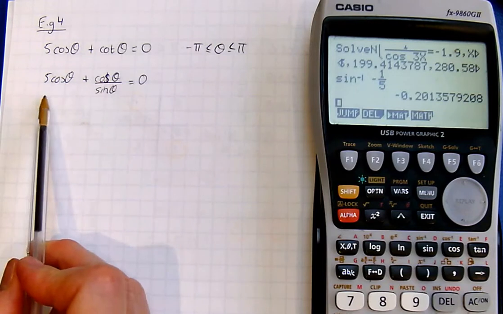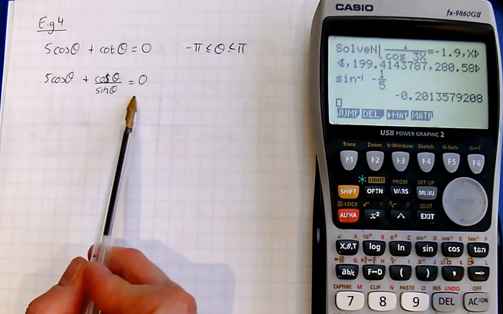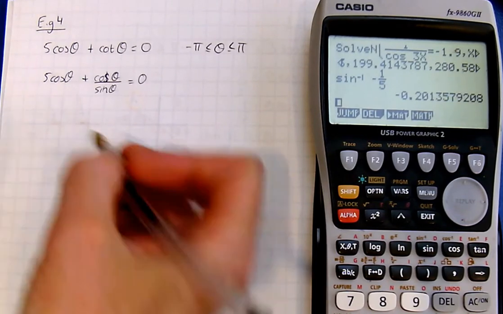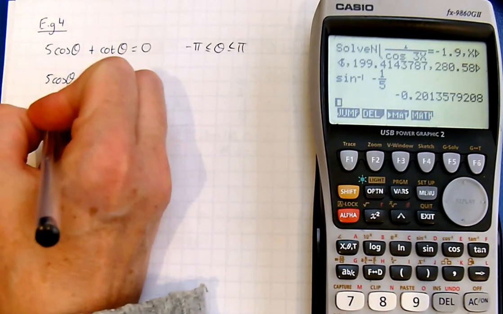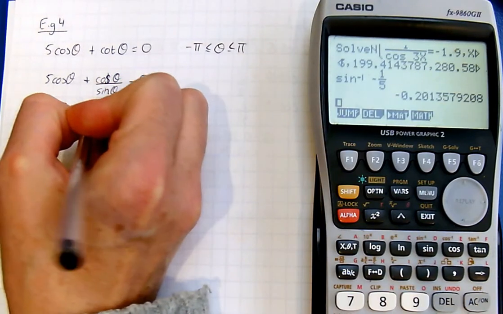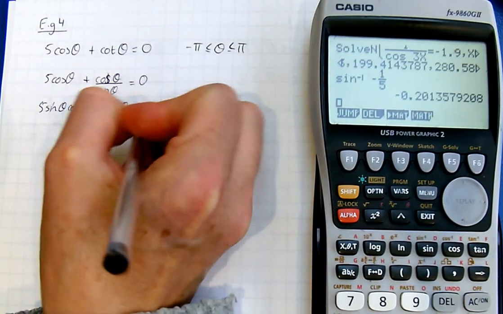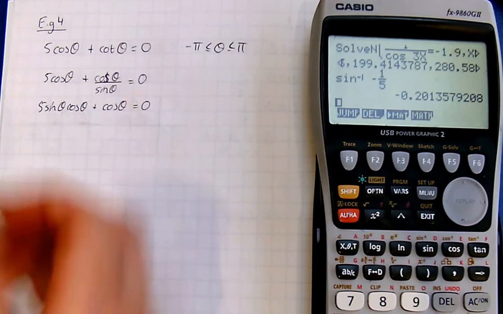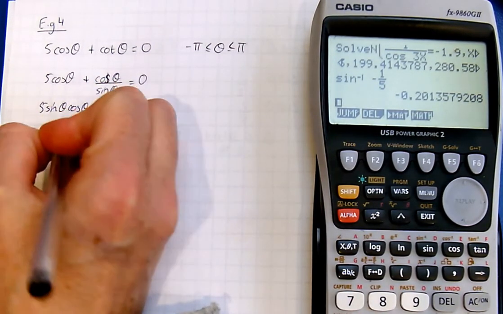And now, because we're not doing an identity, we're doing an equation, I can multiply both sides by sine theta and not have any fractions. Lovely. Then if we look here, we've got a common factor of cos theta, so let's factorise.